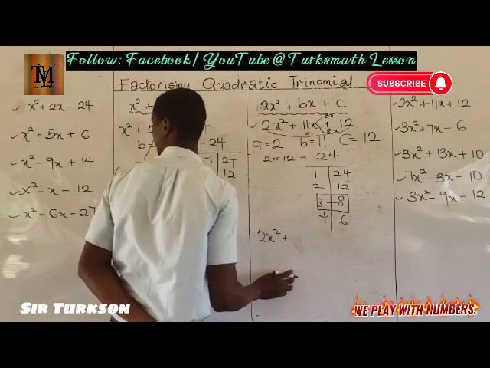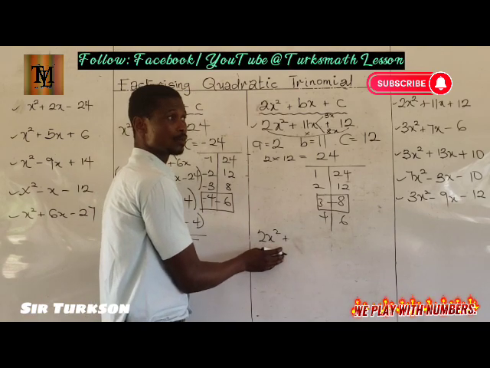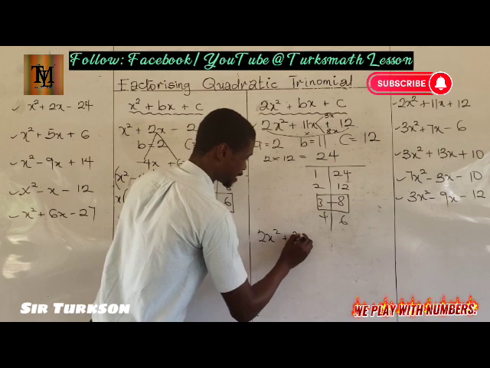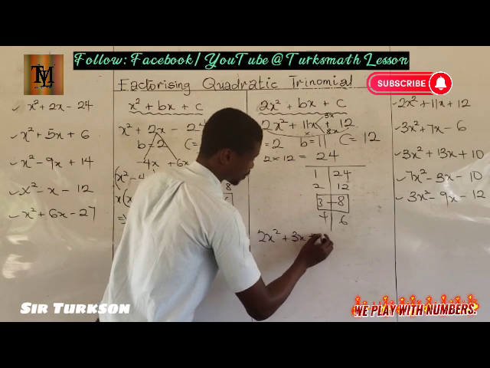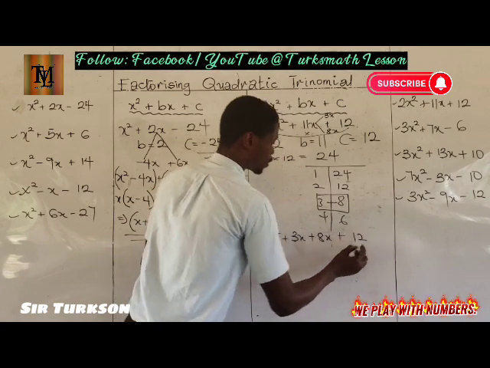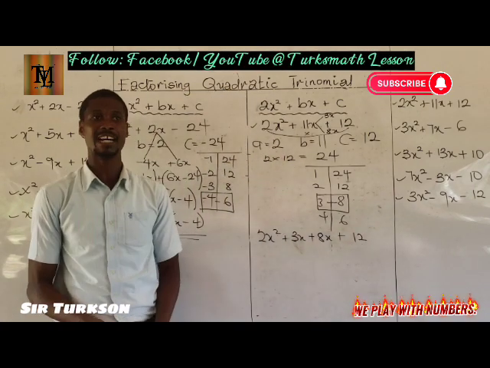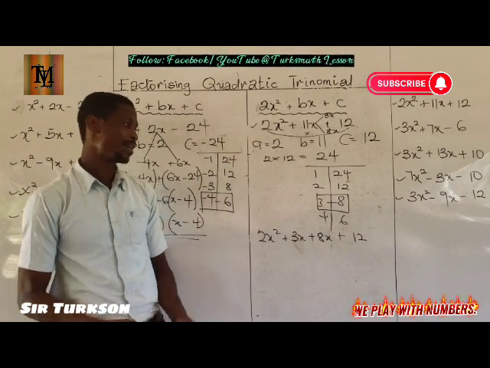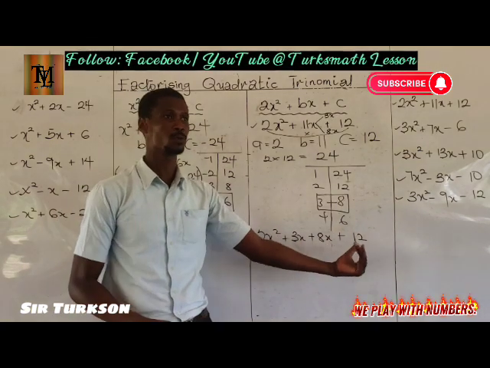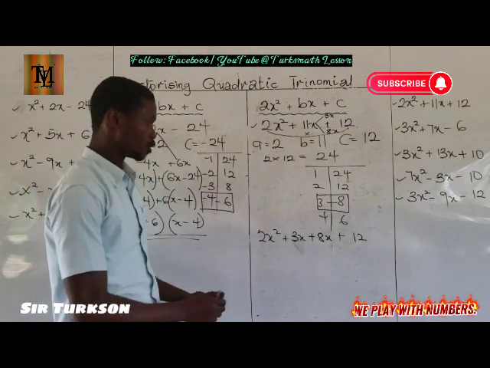Sorry, am I supposed to write 11x? No. So what am I supposed to write? 3x plus 8x plus 12. So from here, how many terms are we having now? 4 terms. So what are you supposed to do? When you have 4 terms, you put them into how many groups? 2 groups.